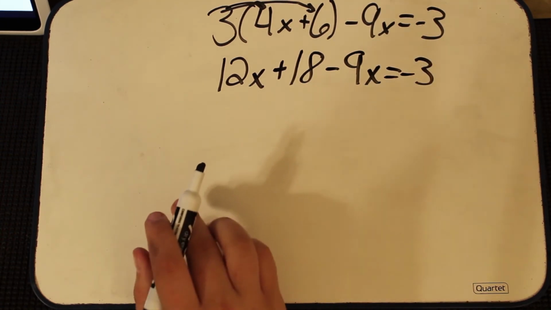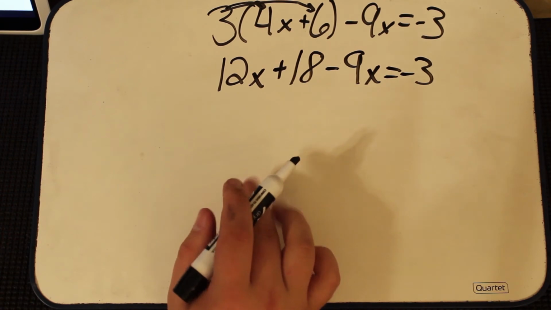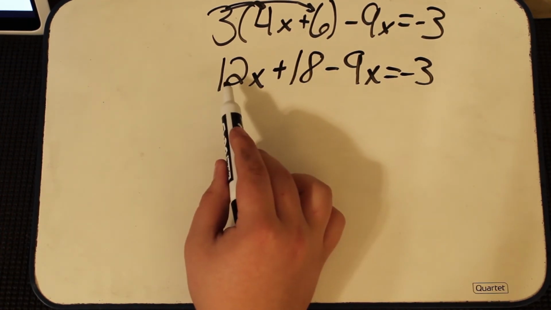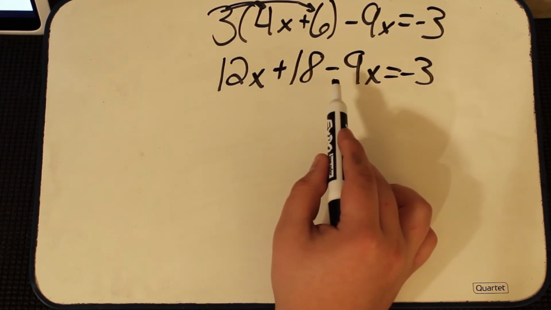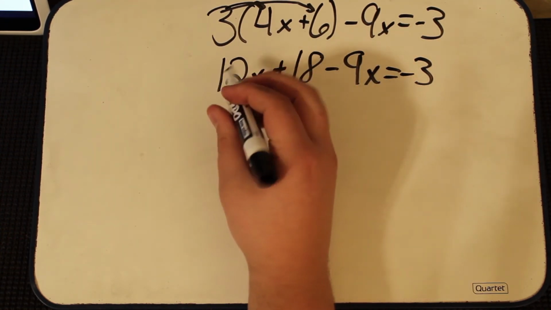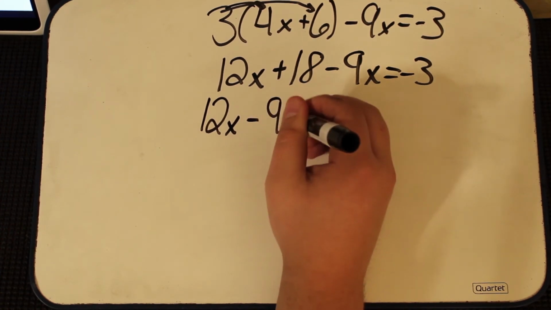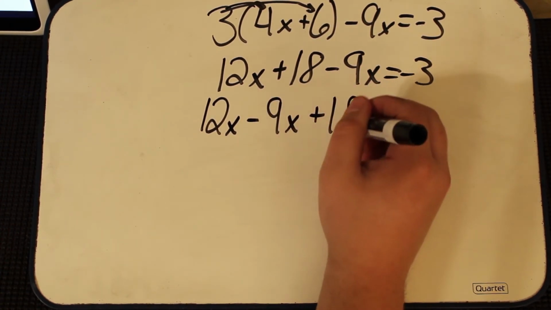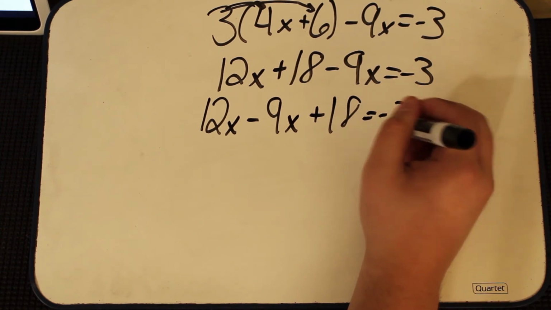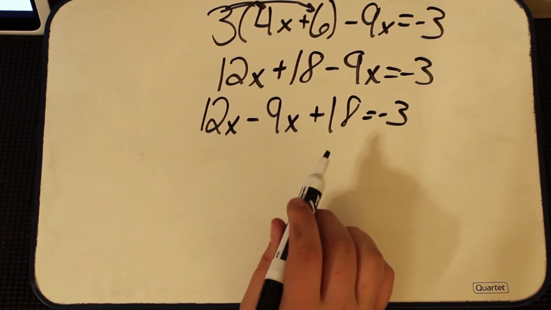Now I have terms that I can collect and combine. I have a 12x and a negative 9x. So I can think about it this way. We kept the same signs, we just switched the terms around.